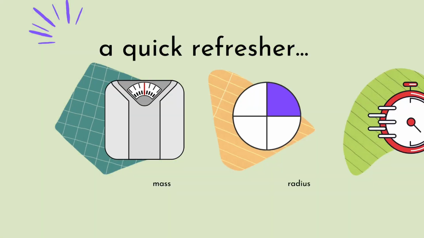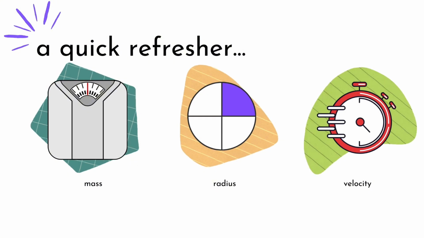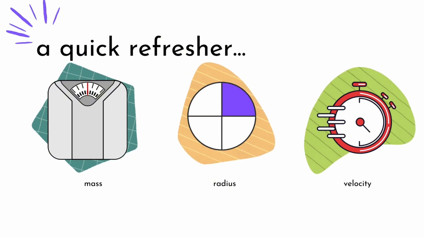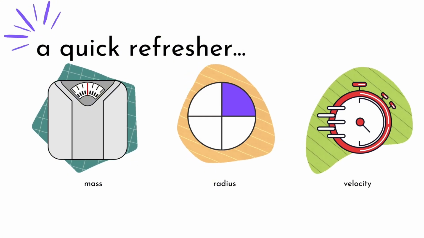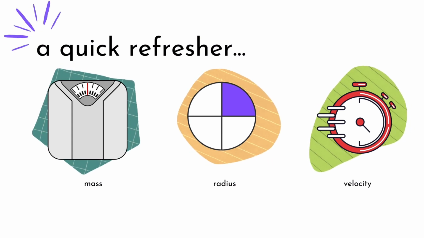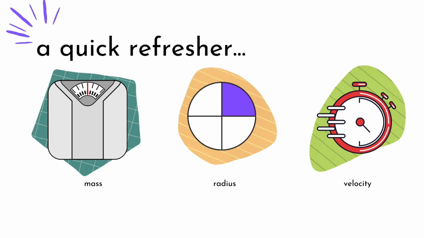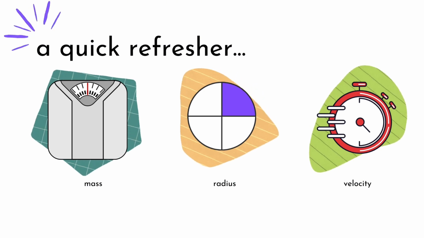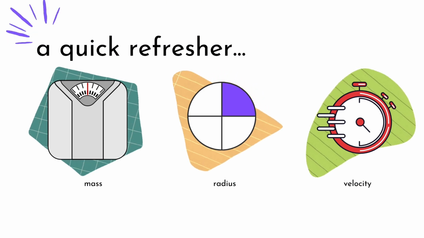And then as a quick refresher, mass is going to be dependent on something's weight, velocity is dependent on something's speed, and radius is going to be very similar to your distance. This is going to be kind of like the distance from the axis of rotation.